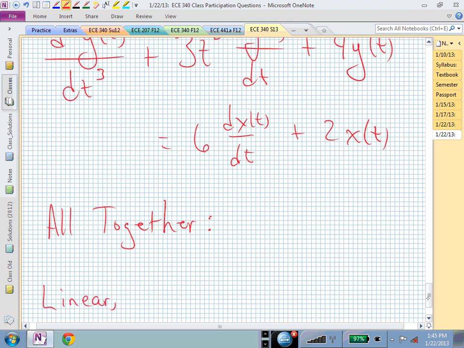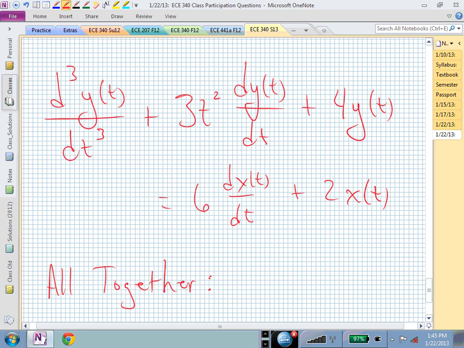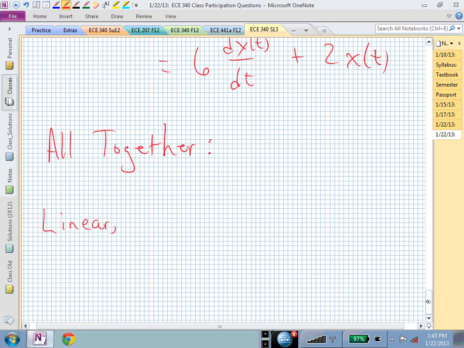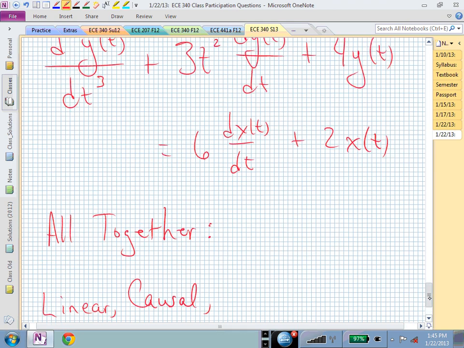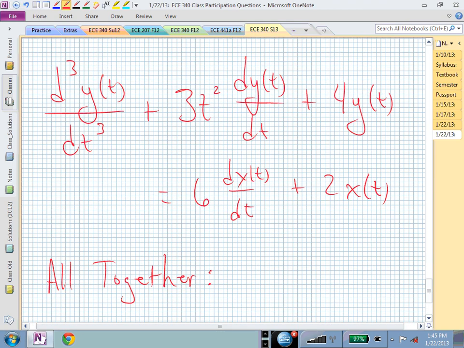Is it causal? It's causal. Is it time invariant? No. Now we have a coefficient that has a t. It actually has a t squared, so it's time varying. Is it dynamic or instantaneous? It has some memory. It's dynamic.